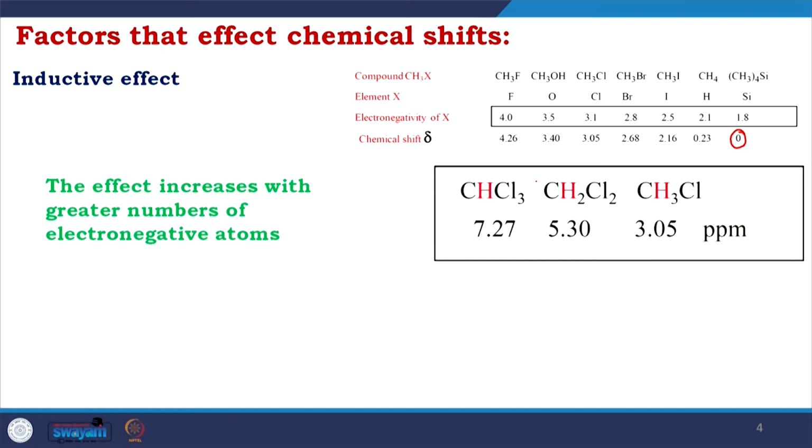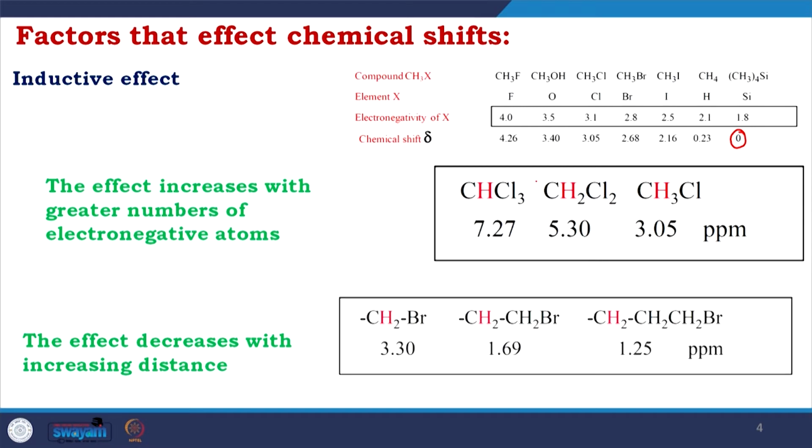So, with decreasing electronegative atoms the chemical shift decreases. Also, the effect decreases with increasing distance. For example, if the bromine is directly attached to the carbon it is 3.3, one carbon further it is 1.69, and one more carbon further it is 1.25.